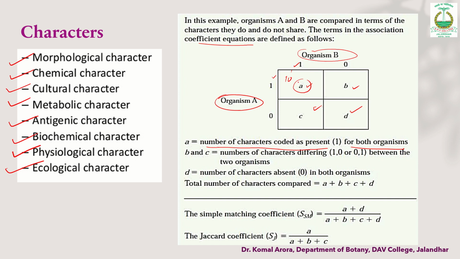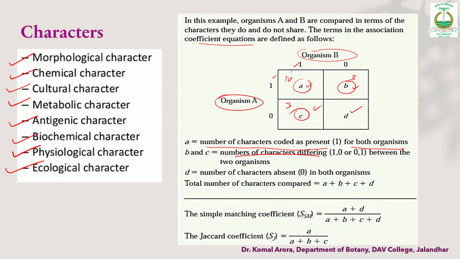So you will write that here as A. Then B and C are the numbers of characters which differ. B is the number of characters present in A but not in B. Suppose there are 3 such characters. Similarly, vice versa, characters not present in A but present in B will be considered as C. Suppose there are again 3 such characters.